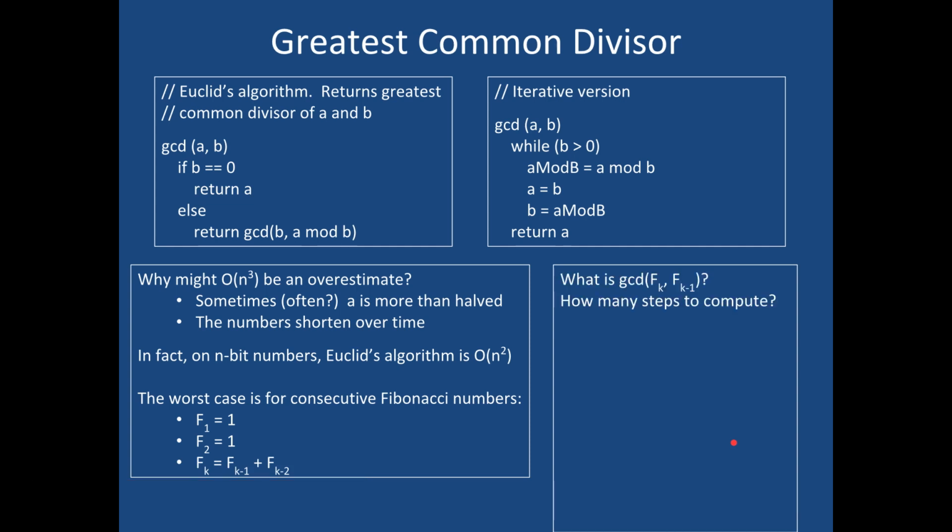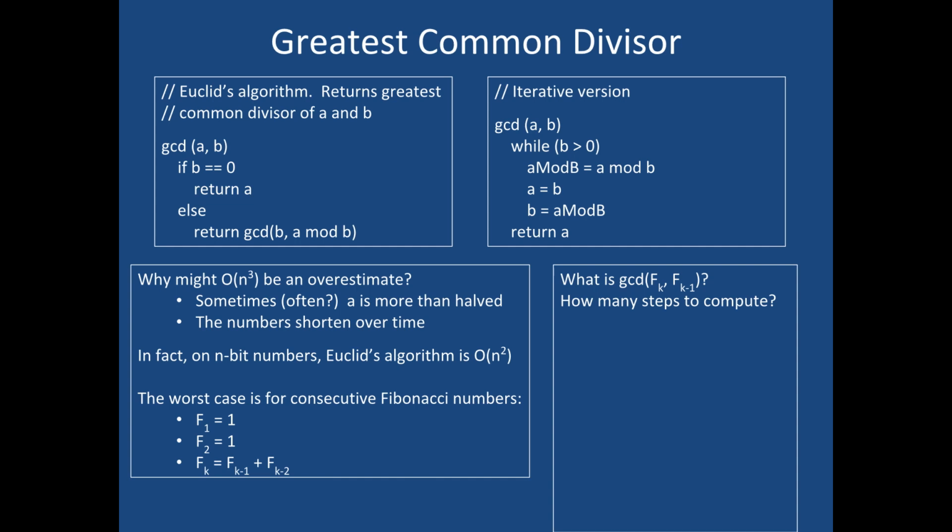What's the GCD of the kth Fibonacci number and the (k minus 1)th Fibonacci number? Apply the algorithm here. Look at the recursive algorithm. What's the next step? If you had to take the GCD of f sub k and f sub k minus 1, in the recursive call, what will the first parameter be?